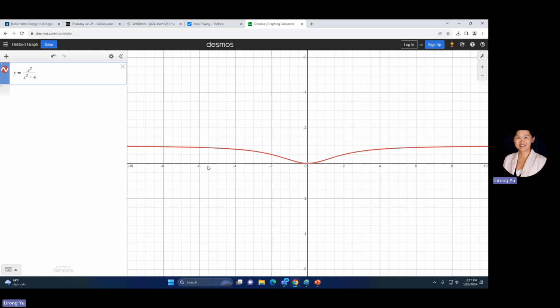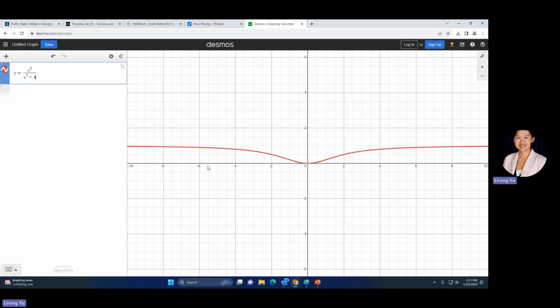If the denominator is bigger than the numerator, you have a small number divided by a big number, so of course the value is less than 1. Right in the middle, if x equals 0, you have 0 divided by 4, that's 0. So this side is 1, that side is 1, and the middle dips down a little because of that plus 4. It changes things a little.